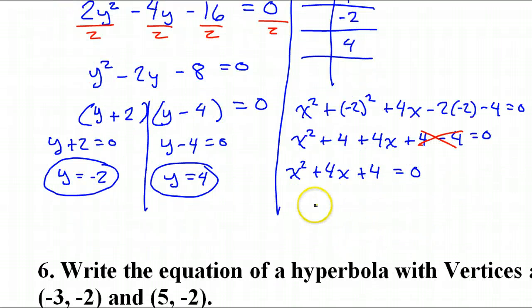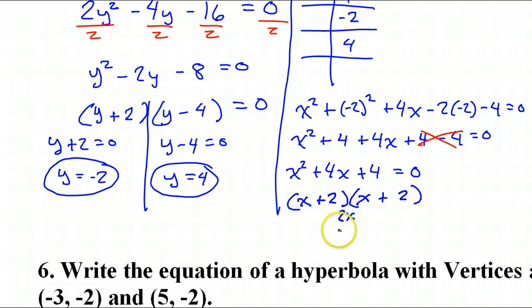Now let's see if this will factor. x squared is x times x. 4 is going to be 2 times 2. Looking at the signs being all positive, it's going to be plus and plus. And sure enough, inner I have 2x, outer I have 2x. That gives me 4, so it works out.